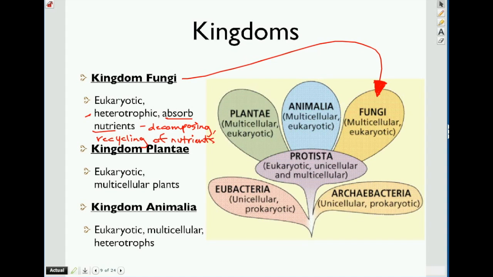Okay, and then we have kingdom Plantae. These are eukaryotic and they're multicellular plants, so they're plants that have more than one cell. And then we have kingdom Animalia, which is basically eukaryotic, multicellular, but they can't make their own food. But they're not fungi either.